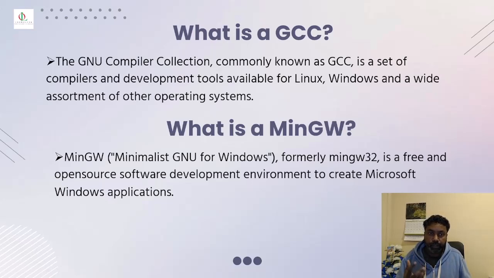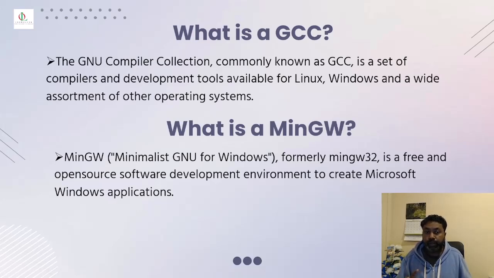GCC is a compiler tool. GCC stands for the GNU Compiler Collection, which is commonly known as GCC. It's a set of compilers and development tools available for Linux. It's not Unix, it's available for Linux, and it's Windows based, and a wide assortment of other operating systems can also be used.